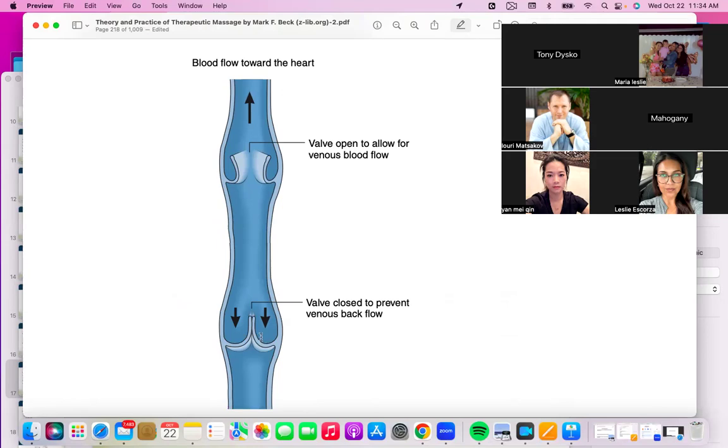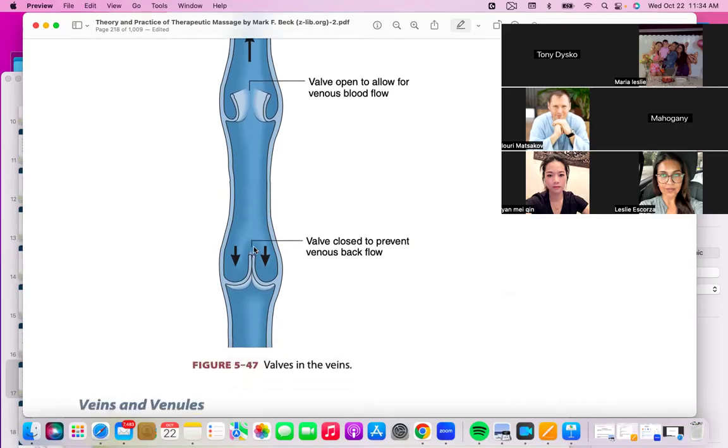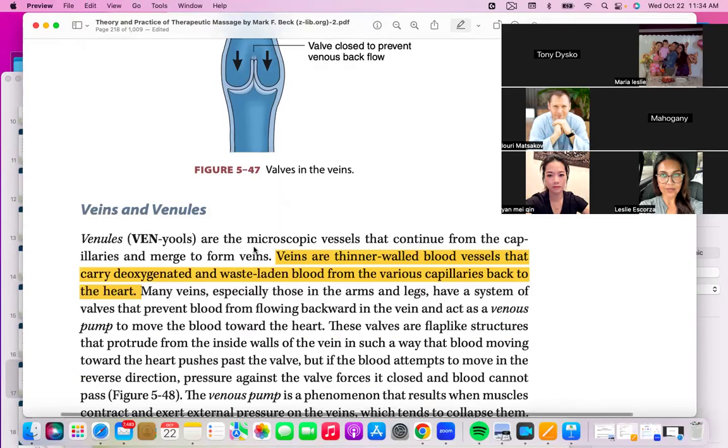The valve will close right shut. It won't allow for backflow. And sometimes when we have varicose veins or we have weakness in the vessel, that would tend to happen. These valves tend to get weak, as well as the arteries, the walls of the veins get weak.